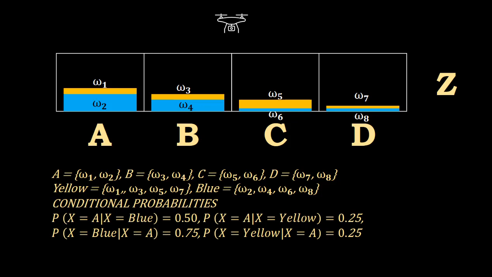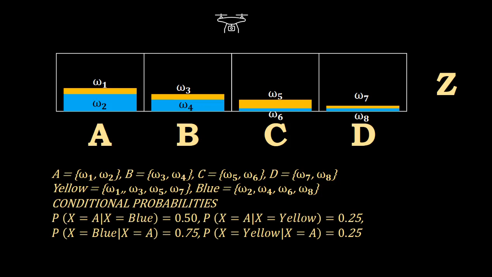Now, this second one, what's the probability that X took the value A, given that we know it landed in yellow? So now it's another time someone tells us the drone landed in an inland region. Do you know where? In A, B, C, or D? No, don't know. So the question is, what's the probability that it landed in region A? Well, now we have to add the probability for omega 1, omega 3, omega 5, and omega 7.